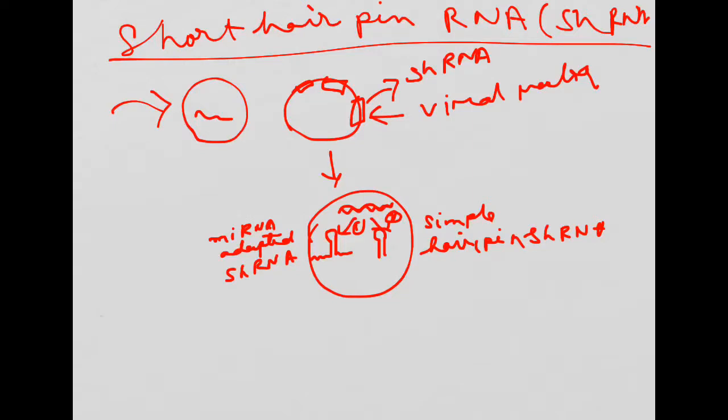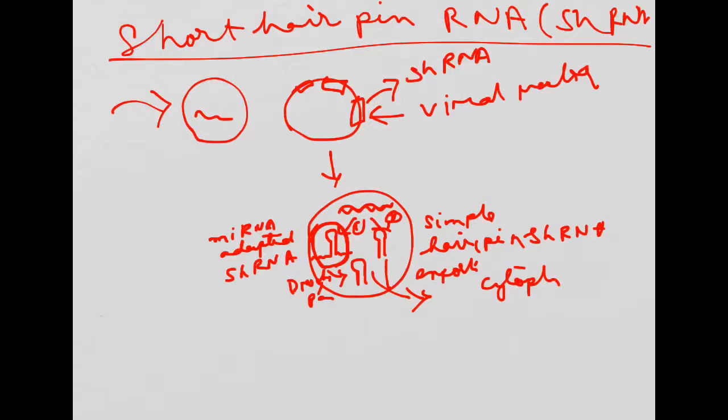Since this structure is like miRNA, it has to be processed in order to be transported through the nuclear pore. It is similarly processed by Drosha and Pasha to form a small hairpin-like structure, and now both of these are exported by exportin 5 to the cytoplasm.